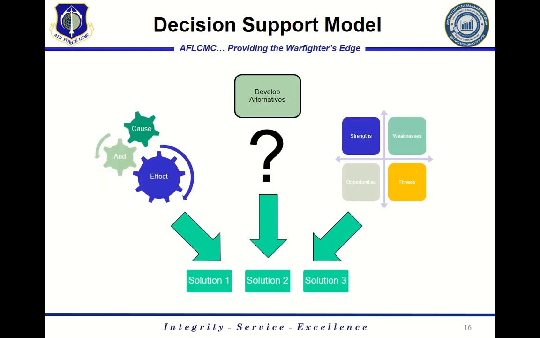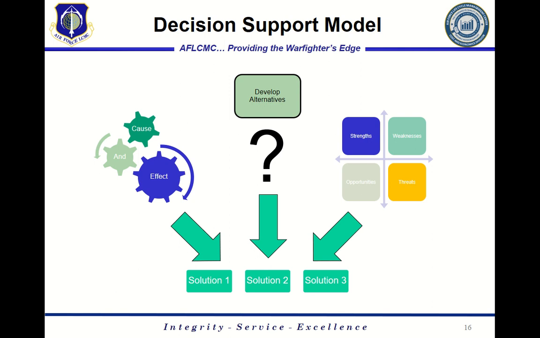So the next step is developing alternatives. A lot of times we may be given alternatives, like the example of courses of action, but sometimes they're very vague alternatives, and they need to be fleshed out a little bit, with details added to them, or additional courses of action added to the pool.